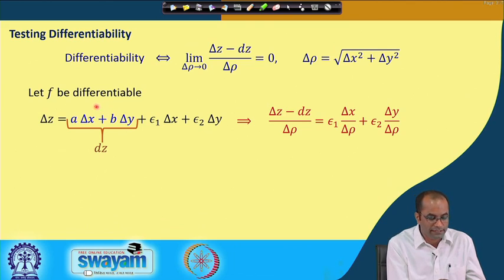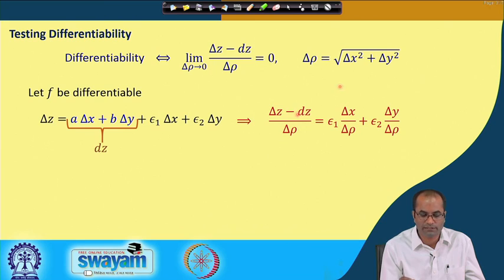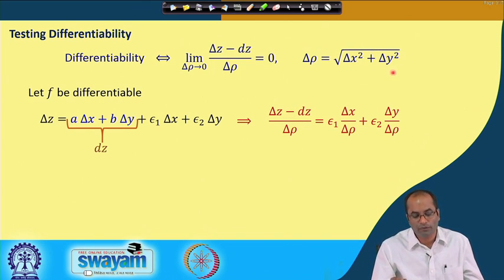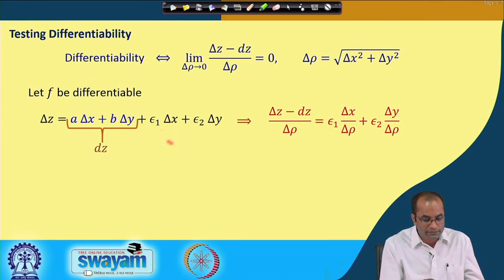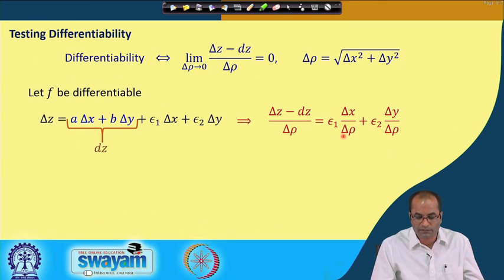If we take this differential term to the left hand side and divide by delta rho, which is the square root of delta x square plus delta y square, then we will get the right hand side as epsilon 1 delta x over delta rho plus epsilon 2 delta y over delta rho. And now, we will take the limit as delta x and delta y go to 0, and observe the value of the right hand side.